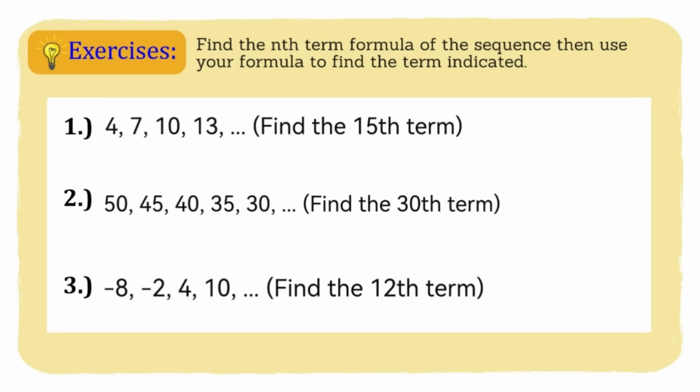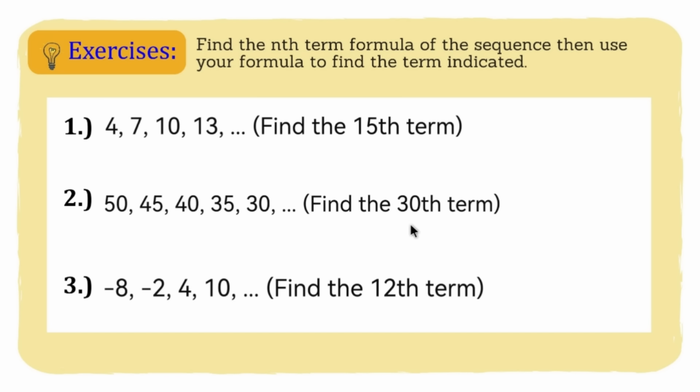Okay, para po ma-practice nyo, I have here an exercise. So try to find the nth term formula of the following sequence. Then use your formula to find the term indicated. So katulad po nung ginawa natin kanina, kunin nyo muna yung bagong formula. Okay, from the explicit formula. And then hanapin nyo po yung pinapahanap dito. In number 1, it's the 15th term.